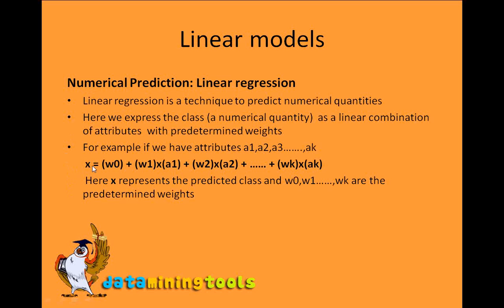If an instance belongs to the specified class, the value of x is 1. Otherwise, it's 0. So if we have n instances, for each class we will have n such equations. From those n equations, we'll determine these weights, and therefore we'll have one equation for each class.